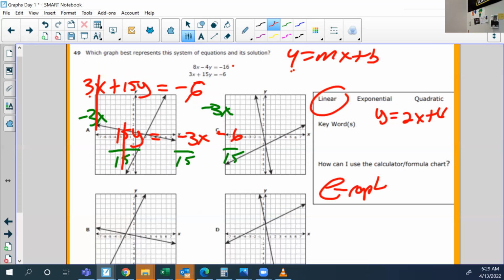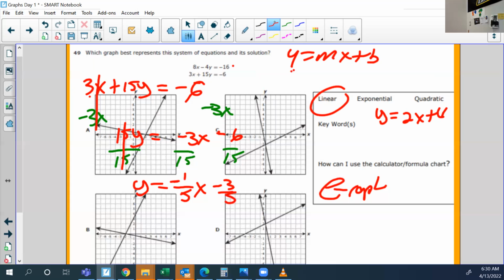That goes away. That becomes 1. So y is equal to now 3 divided by 15 is 1/5, negative 1/5x. And then this gives me negative 3/5.